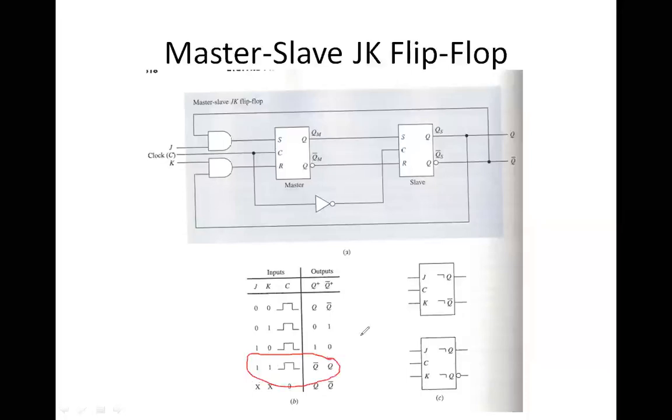In the SR flip-flop, what outputs did we get for 1 1? Did we get any proper outputs? No, right? We were getting an invalid output. But here for 1 1, we are at least getting something. That something is the complemented version of my memory, Q bar. So here I'm getting Q bar Q.